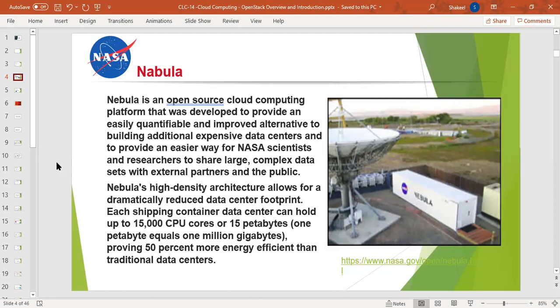Nebula's high-density architecture allows for a dramatically reduced data center footprint. Each shipping container data center can hold up to 15,000 CPU cores or 15 petabytes, whereas 1 petabyte equals 1 million gigabytes, proving 50% more energy efficient than traditional data centers.